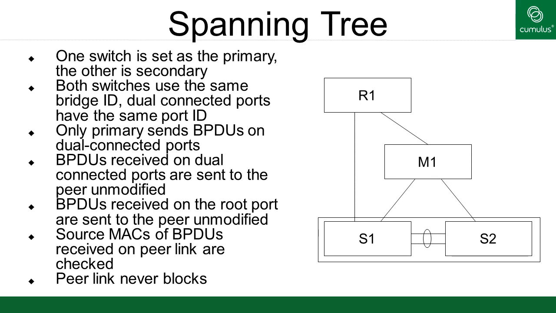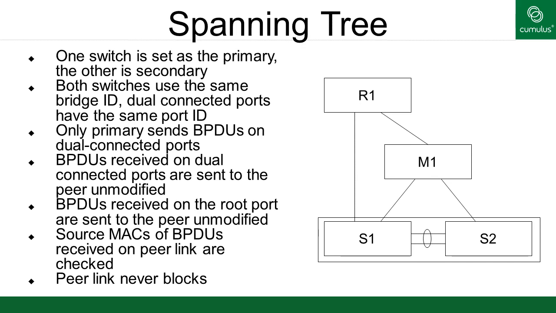First of all, remember back in the terminology slide I said one switch is the primary role and another switch is the secondary role. So in this case, the primary switch is the one that sends out BPDUs on dual connected ports. So the other switch will not send BPDUs out dual connected ports.